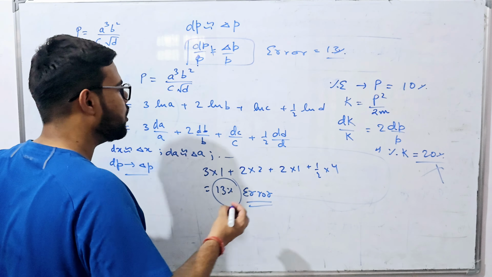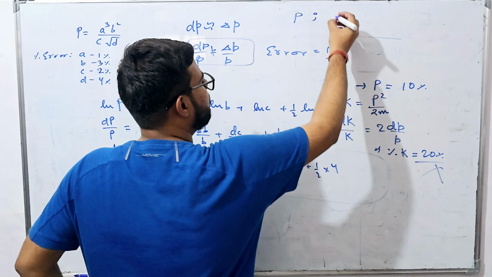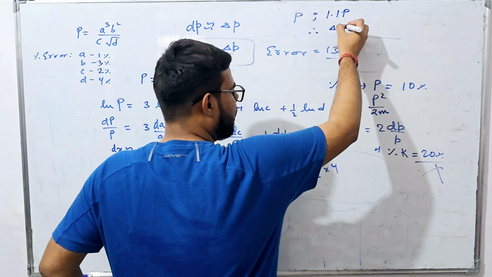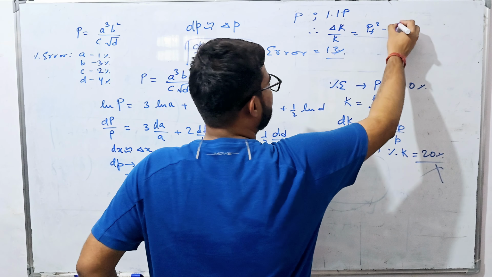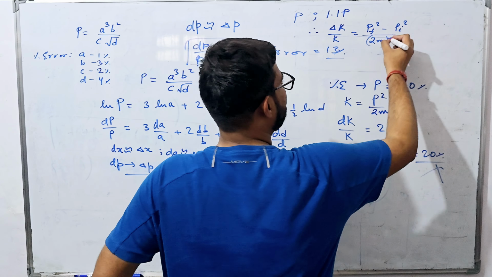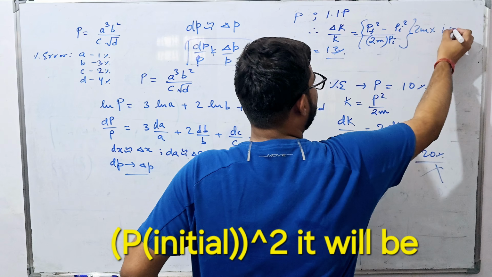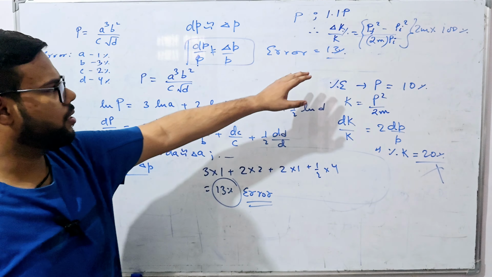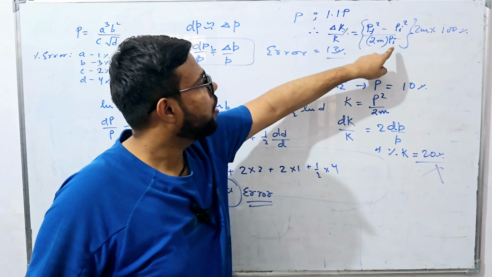Let's see. So we can say that initial momentum is p. So what is the momentum after error? It should be 1.1 p. Okay. Now delta K upon K is simply equal to P final square minus P initial square by 2m, upon P initial square by 2m, into 100%, right? We are talking about the percentage. Of course you know this, since the change is final minus initial, upon the initial quantity.